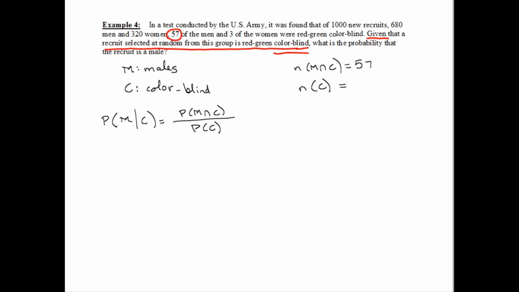In other words, how many are colorblind? Well, that looks like these 57, and then who else is colorblind? These 3. So that is going to be the 57 plus the 3 women, so 60. And how many are in our sample space? 1,000.